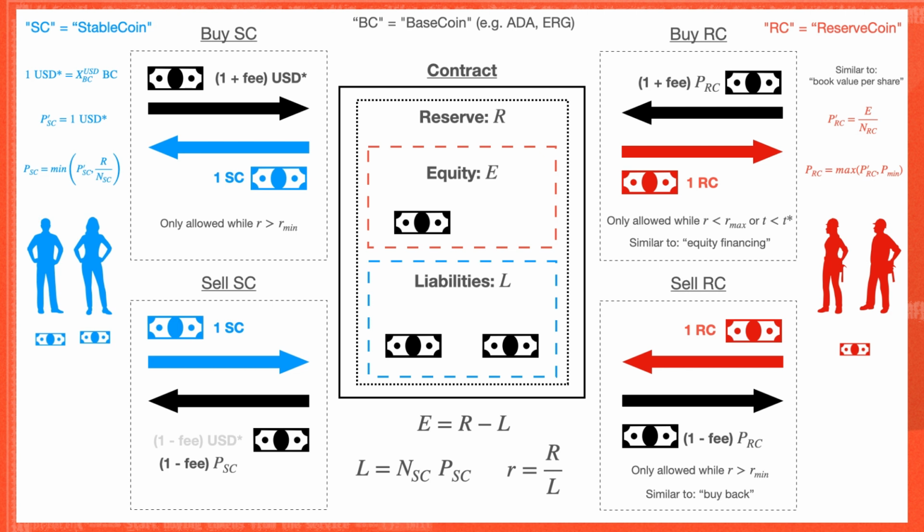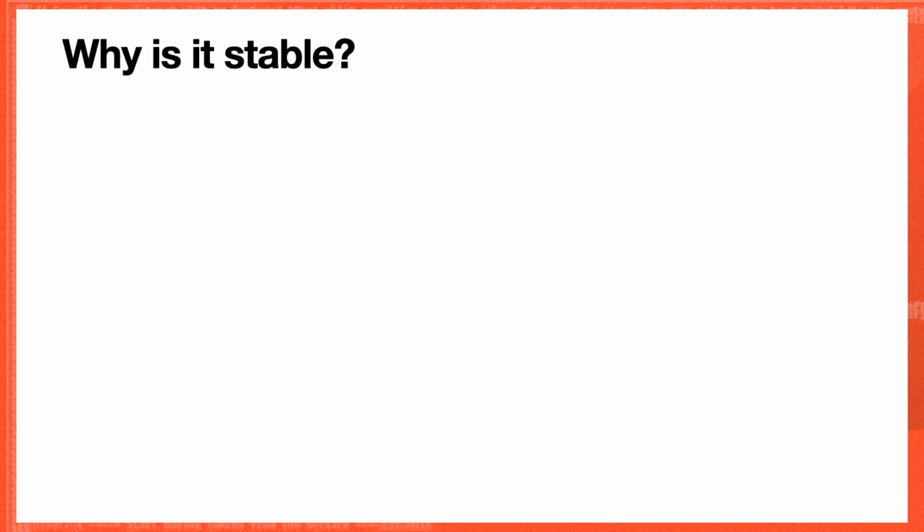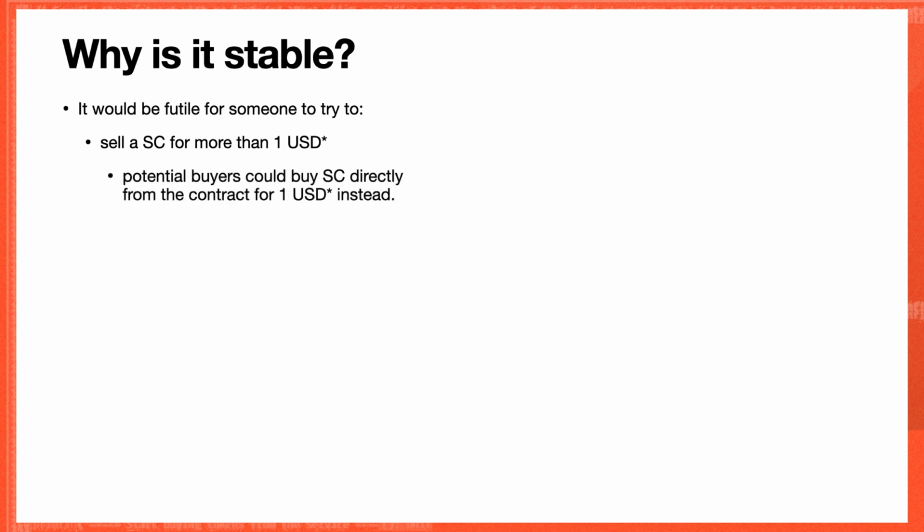Okay, so that's it. The protocol is explained in a single slide. Let's move on to the next slide. Why is this stablecoin stable? It's stable because it would be futile for someone to try to sell a stablecoin for more than $1, because potential buyers could just buy the stablecoin directly from the contract for $1 instead.